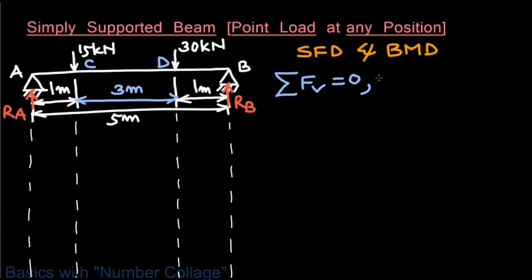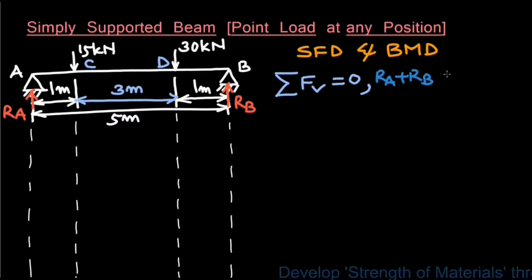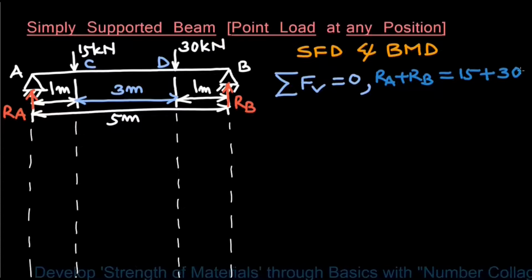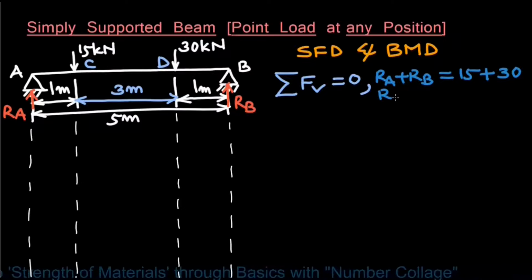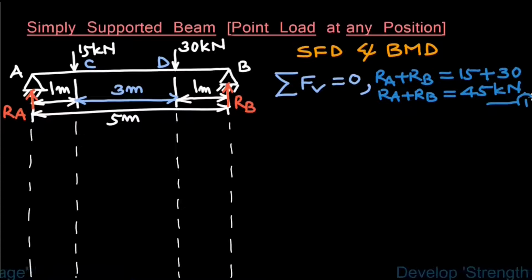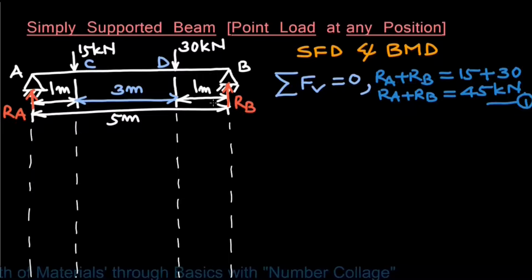So therefore vertically upward forces RA plus RB equals vertically downward forces 15 kilonewton plus 30 kilonewton. So that will be RA plus RB equals 45 kilonewton. Name this equation 1.